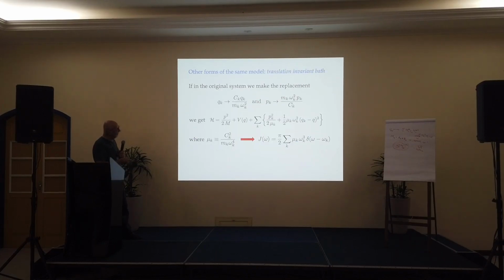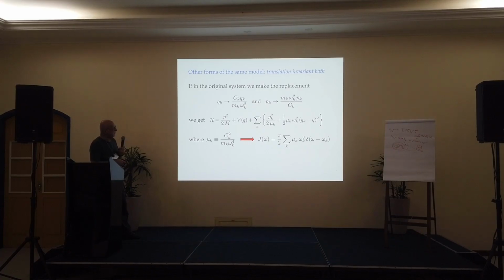For instance, I take another way to write the same model. I make this sort of transformation here for the original model, and I can transform the original one, counter term and coordinate, into something like this, with these new masses, mu k, and this new spectral function that comes about because of these transformations.